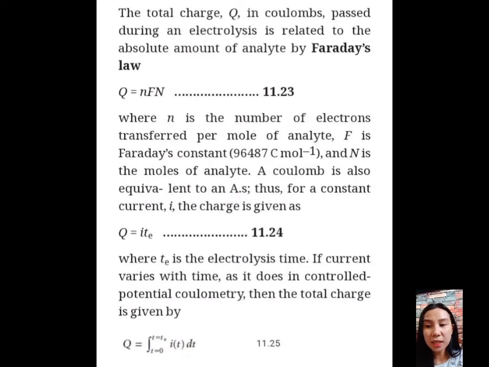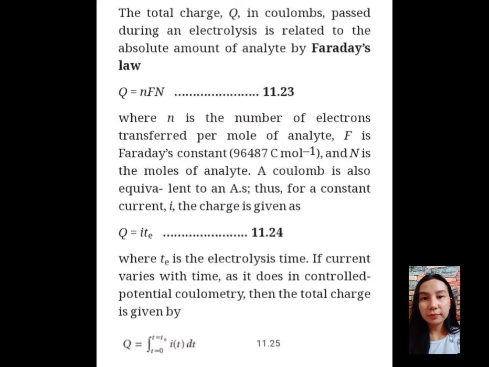Thus, for constant current, the charge is given as Q = i t_e, where t_e is the electrolysis time. When current varies with time, as it does in controlled potential coulometry, the total charge is given by Q = the integral from t = 0 to t = t_e of i dt.